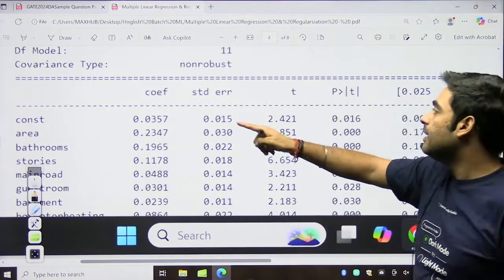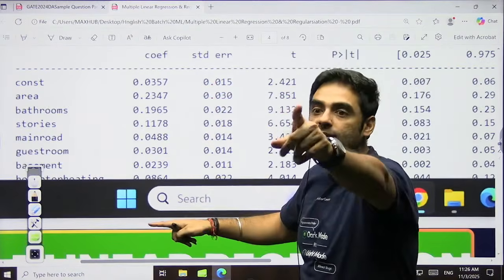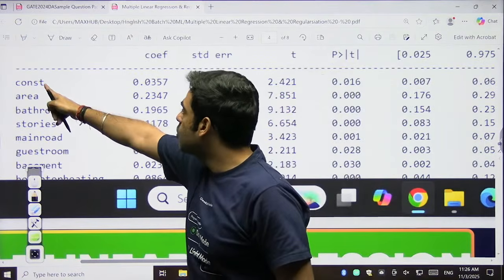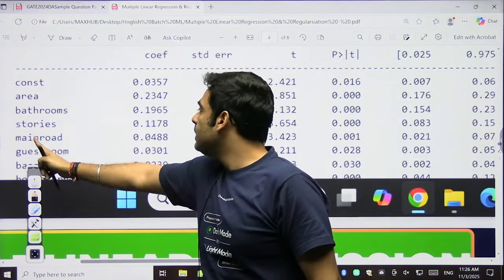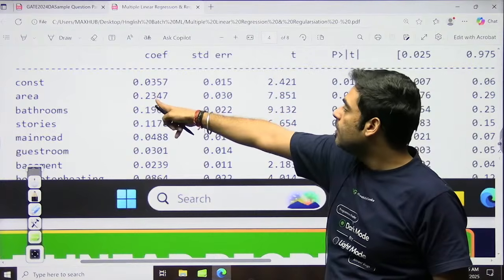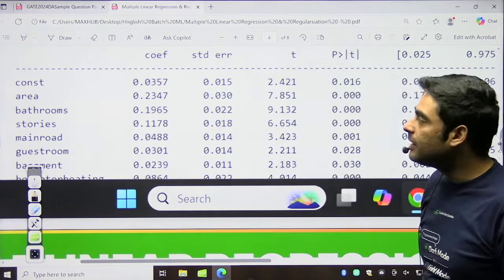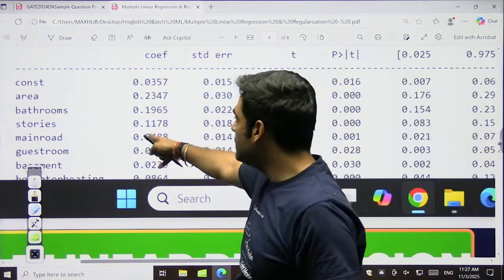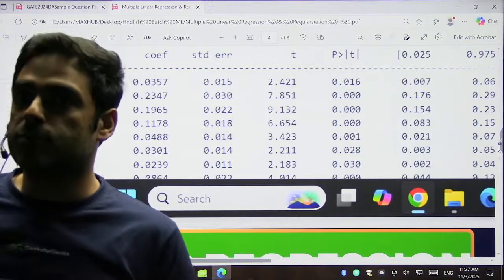Apart from this, I want to ask you one question. This constant, area, bathroom, stories, main road, guest room, basement, what are these, and what are these values, 0.2347, 0.1965? Can you tell me what these values signify? Yes, I need an answer from your side.